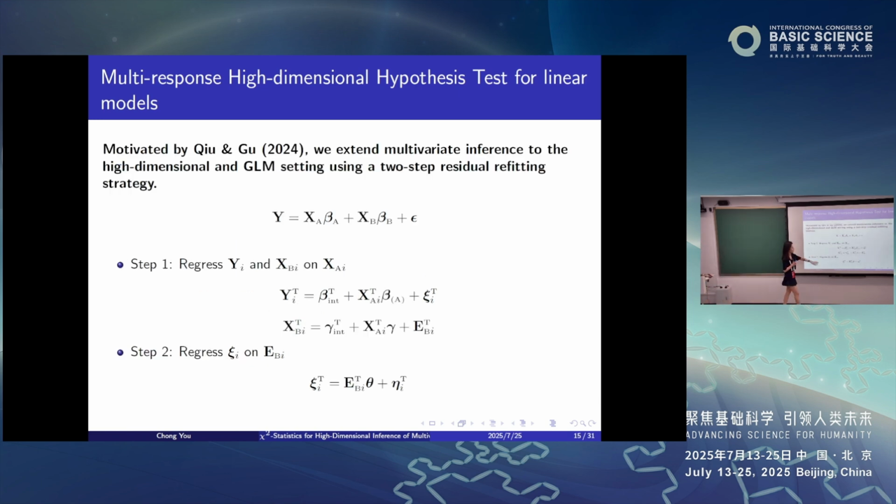So what is this eta I? Eta I is here. With that lemma, what they try to say is, for this low dimensional regression, the theta here can recover the information of beta B, and this eta here can recover the information of the random noise. So if we test the hypothesis on theta, it is equivalent to testing the hypothesis on beta B, but this one is low dimensional.